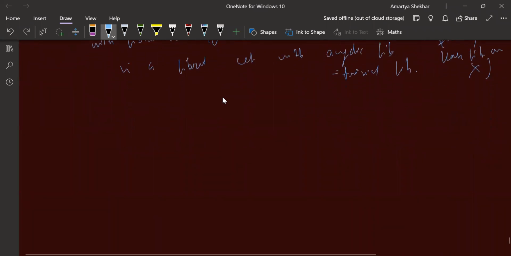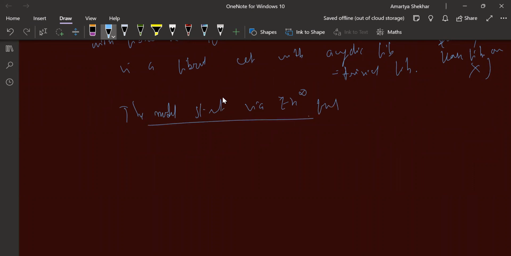Let me talk about the model structure via the Ex infinity functor. I'll define the weak equivalences of the model structure first, then give a brief introduction to the Ex functor. For that, first let me define a strong cofibrant replacement.